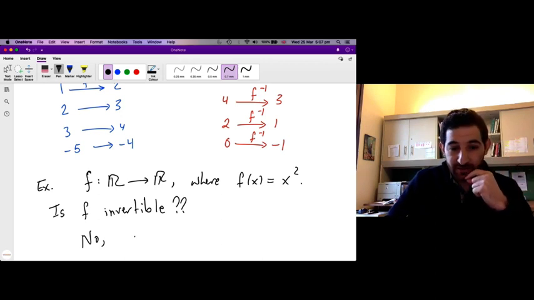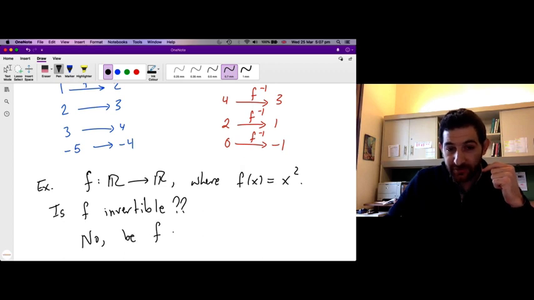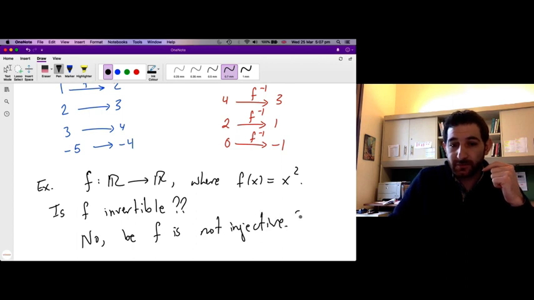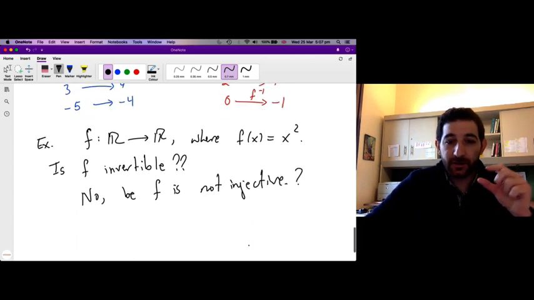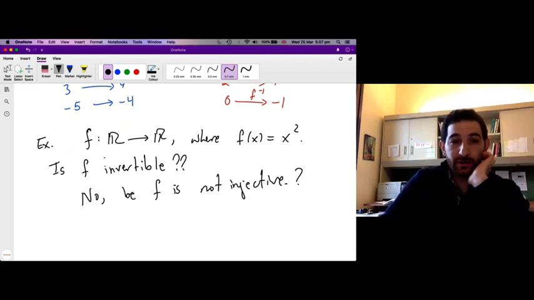But clearly this function is not injective. Why is it not injective? Because there are two different elements in the domain R which are sent to the same image.